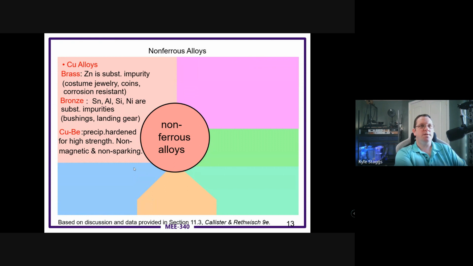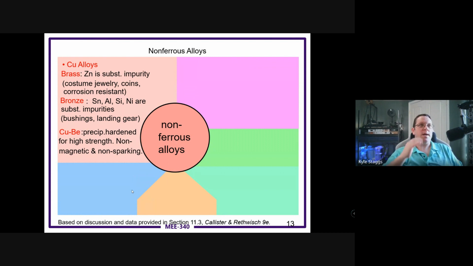So bushings, there's lots of wear applications where bronze is used because it's softer than steel, but still has a reasonably high hardness and can be very compliant. So a lot of bushings are made that way on purpose.